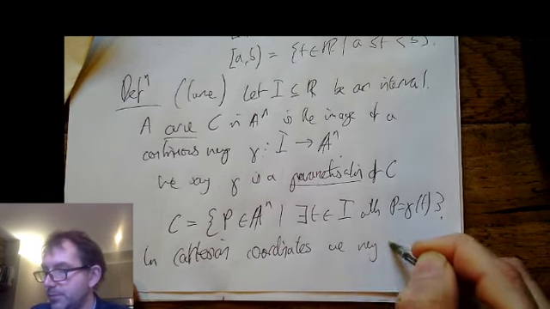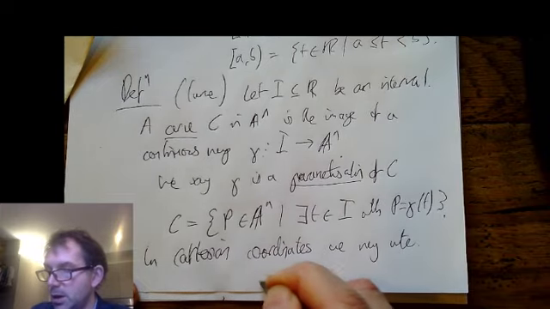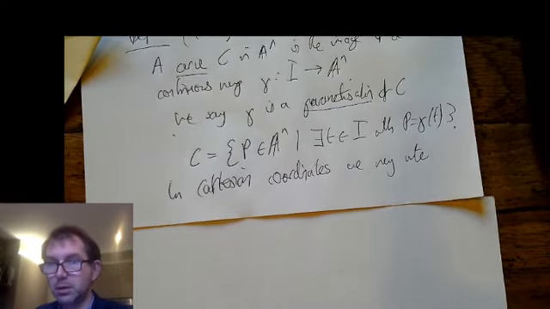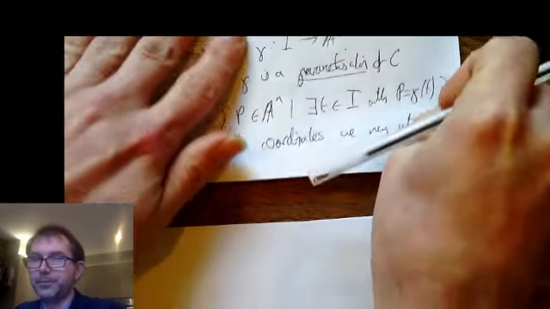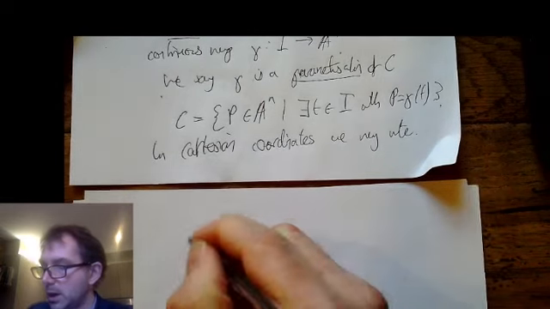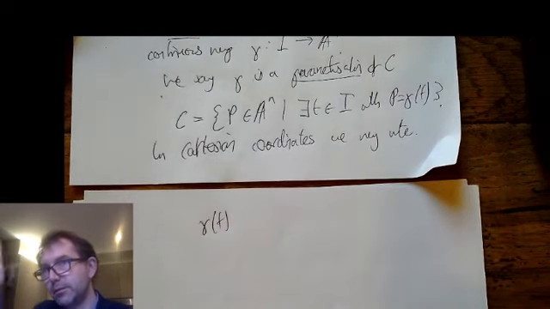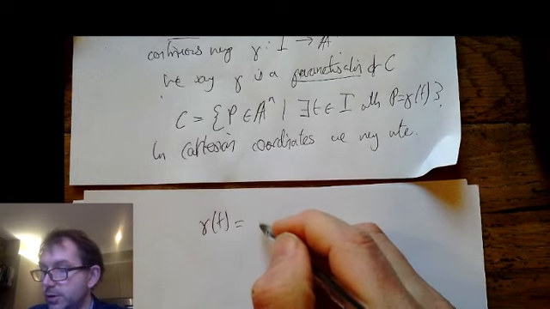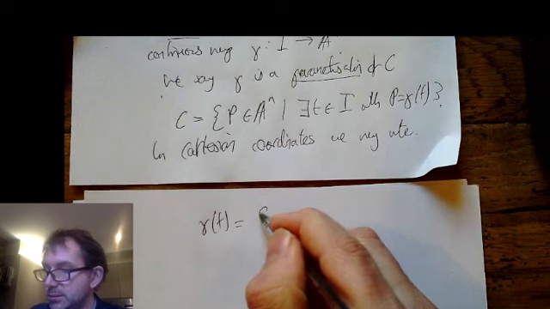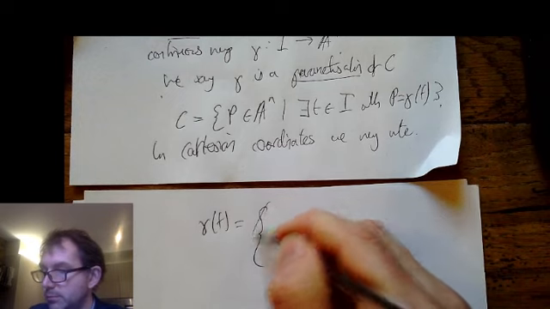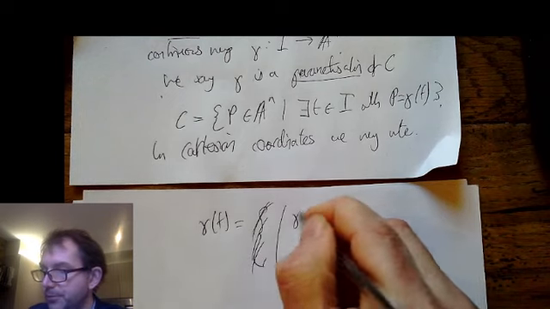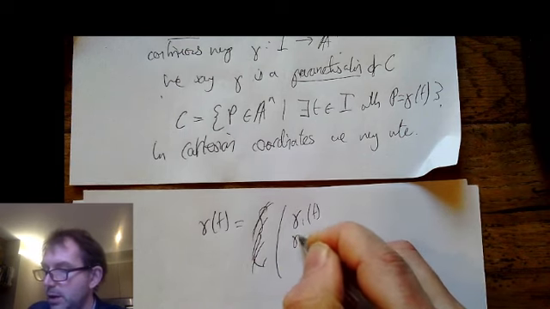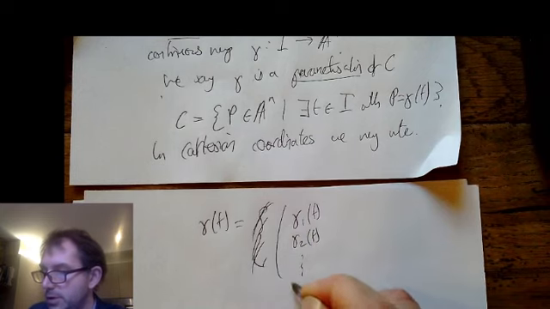We may write something like, let's move on to a new sheet. Just projecting to all of the different orthonormal basis vectors, you're going to get a vector where we can describe it in the following way.